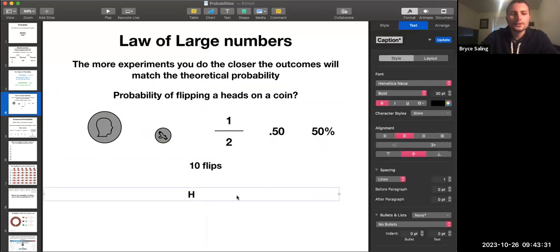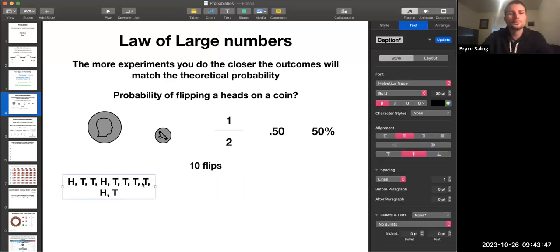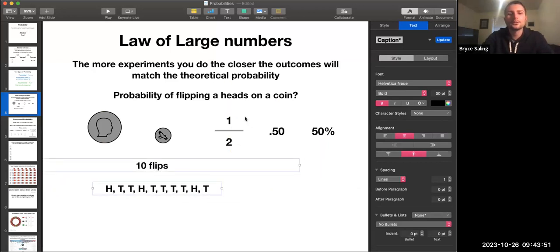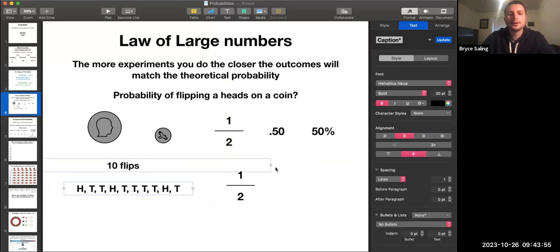So let's say you go heads, tails, tails, heads, tails, tails, tails, tails, heads, tails. So we got 1, 2, 3 out of 10 were heads. So our experimental would be 3 out of 10 after 10 flips.